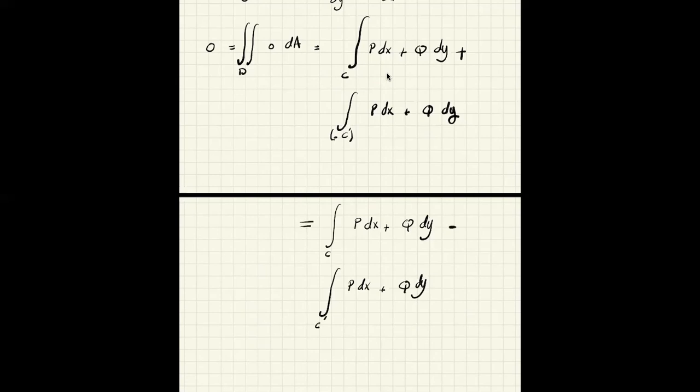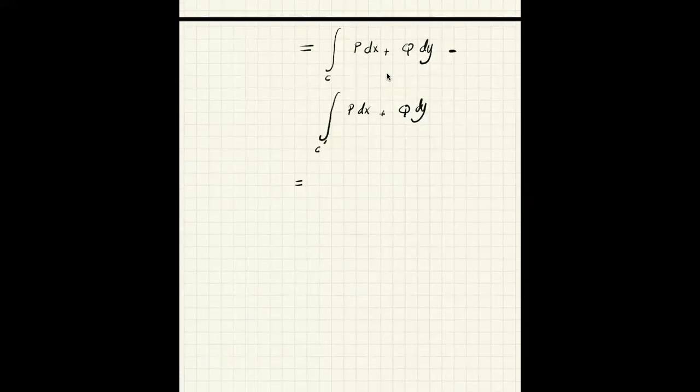And now I'm just gonna switch again to my first notation, if I have a vector field, that is the same thing as the integral over C of F dr minus the integral over C prime of F dr, which is 0.